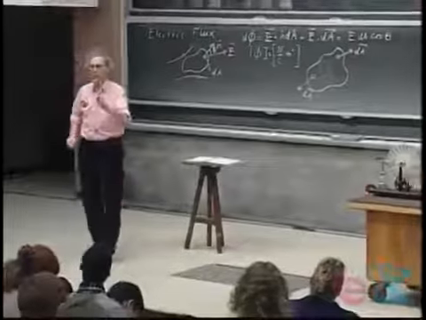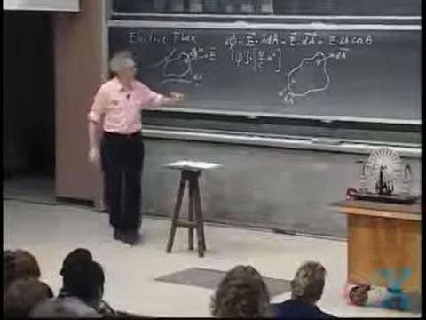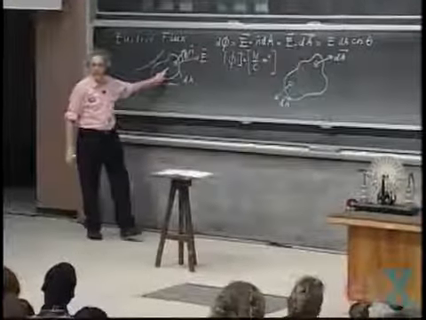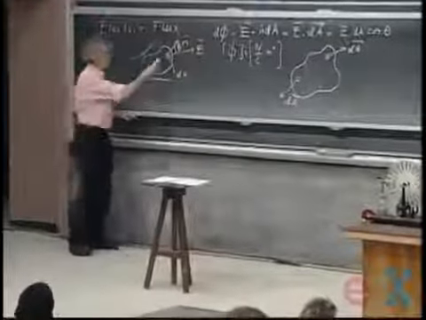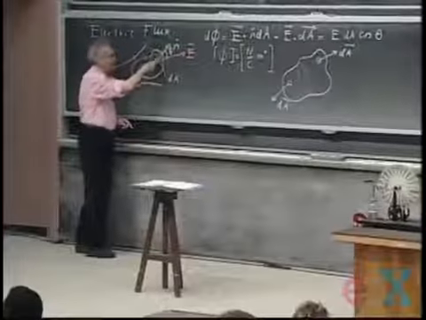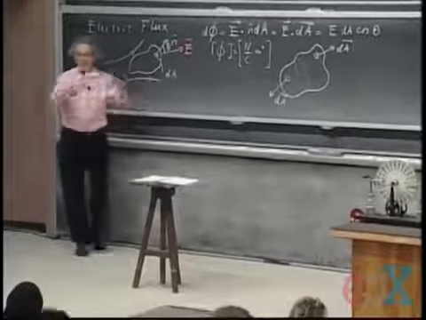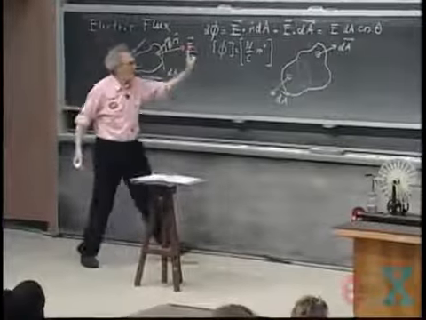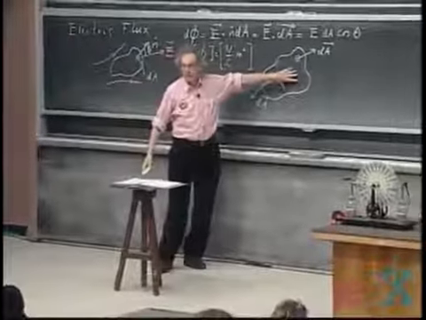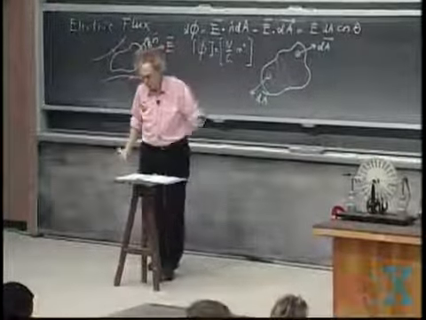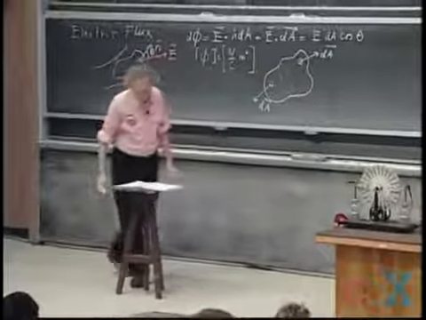It's uniquely determined because it's a closed surface. Here, it was not uniquely determined. I arbitrarily chose this one, but I could have flipped it over 180 degrees. Since it's an open surface, it's ill-defined. Here, it's never ill-defined. So the normal is always chosen, go from the inside to the outside.